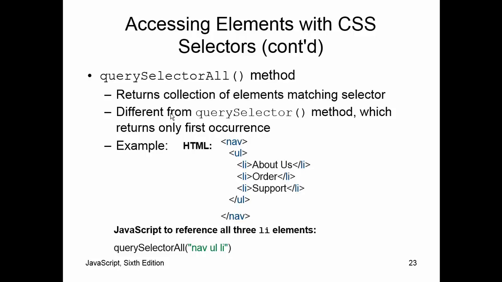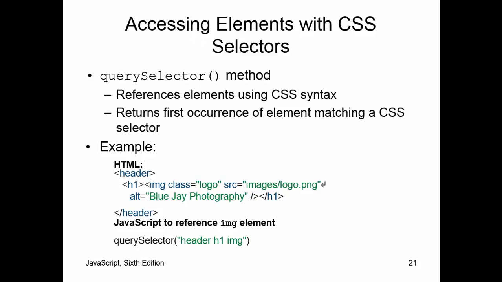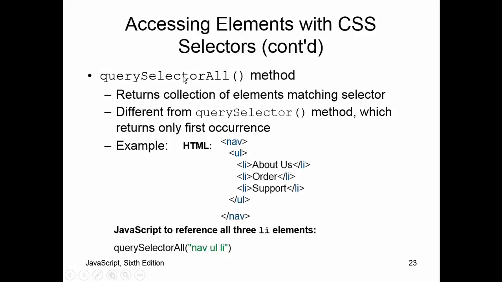The querySelectorAll, now remember we looked at querySelector, that returns just the first occurrence. The querySelectorAll returns a collection of elements as opposed to the querySelector which just returns the first one. So if we used this querySelectorAll nav ul li, that would say show me all the li's inside of a ul inside of a nav.